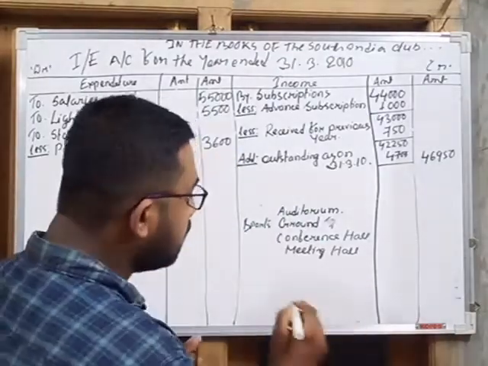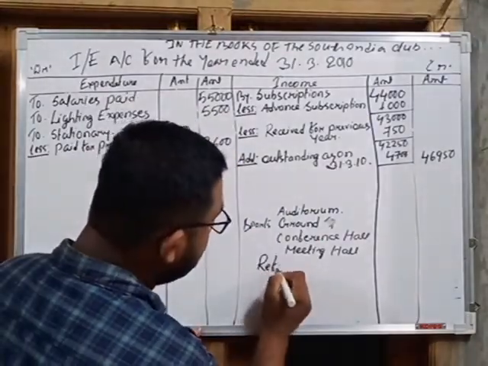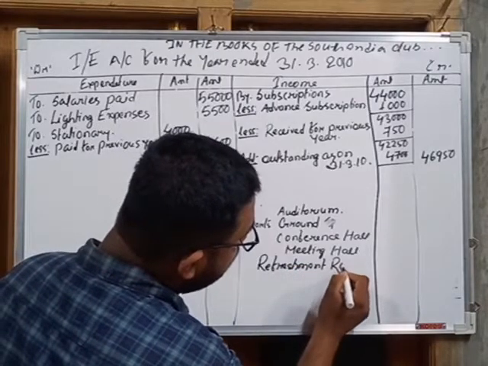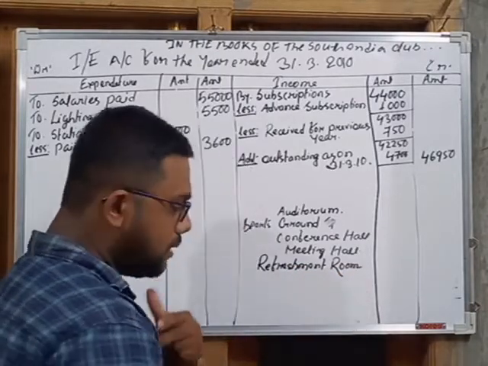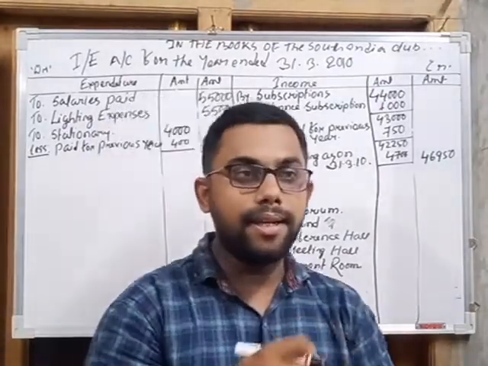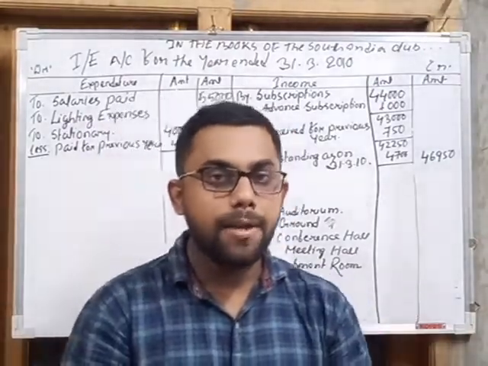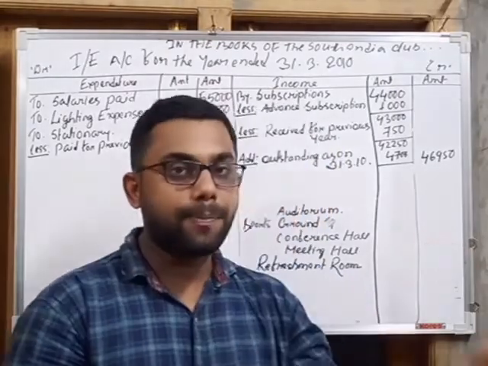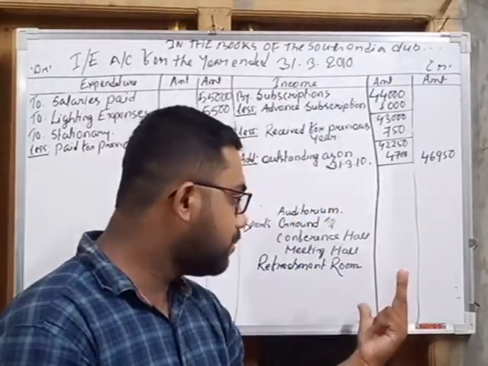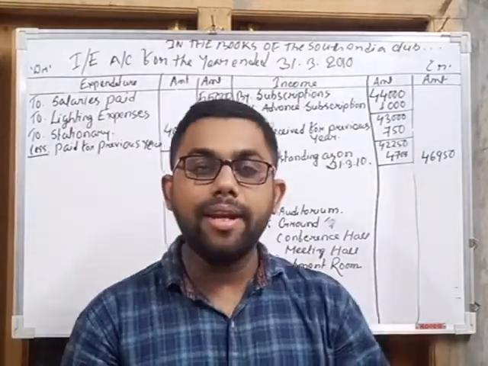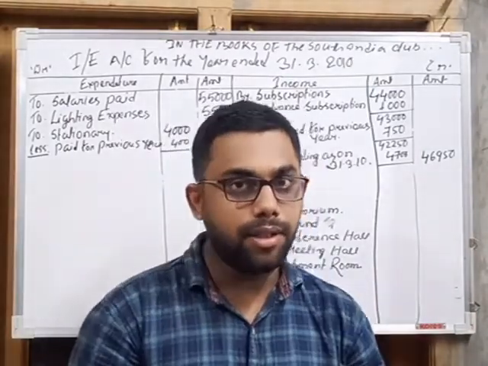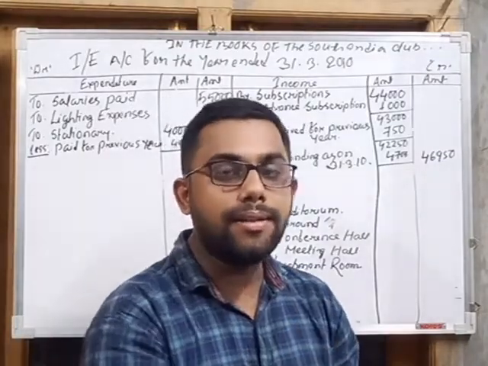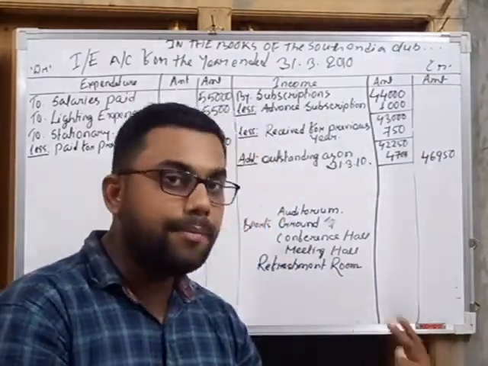Similarly, there is a refreshment room. Okay, so what is a refreshment room? In simple terms, a refreshment room means a hall where there may be a meeting, there may be a marriage ceremony, any other cultural function, for which they have given it on rent, and from this rent they have received a certain amount.